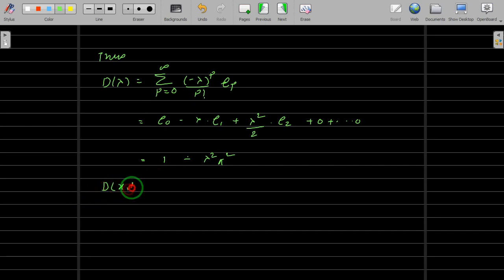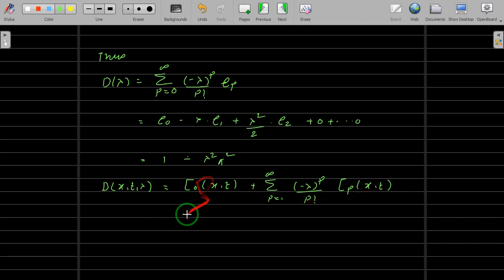Your d of x comma t comma lambda is equal to, this is the formula for that series, c0 plus summation p from 1 to infinity minus lambda to the p divided by p factorial, c p of x comma t.